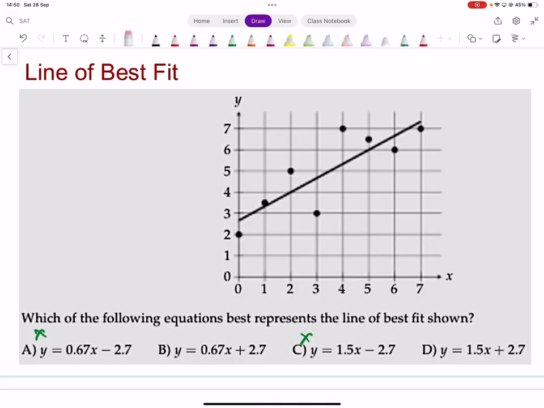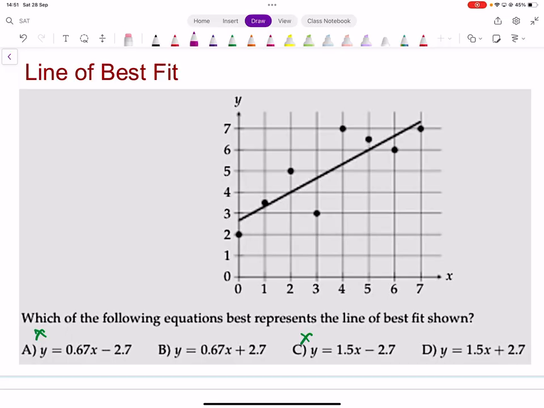It's either B or D. Which one of them is it? B or D. How do you figure that out? Is this gradient less than 1 or more than 1?